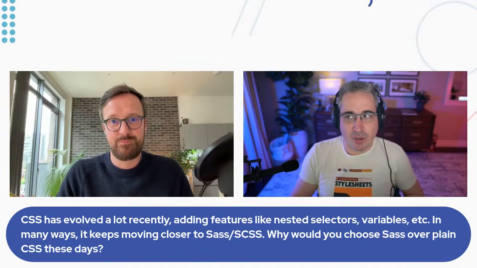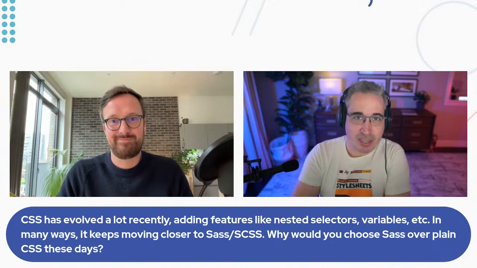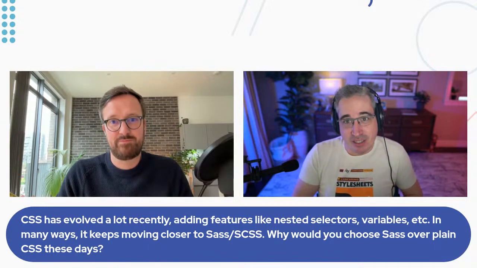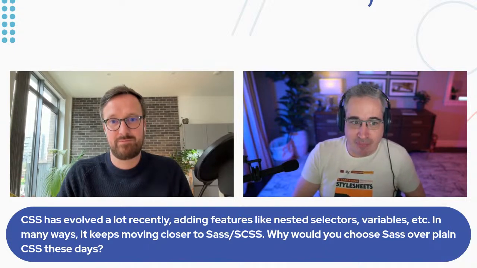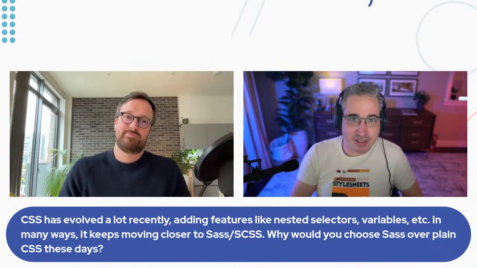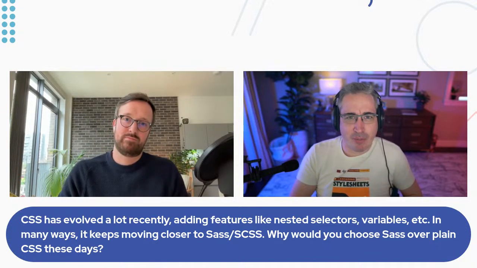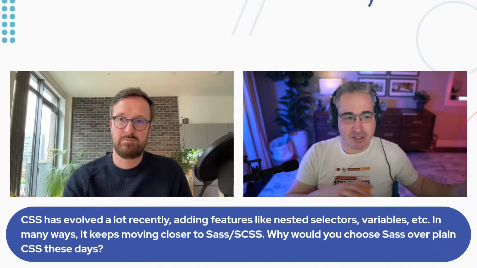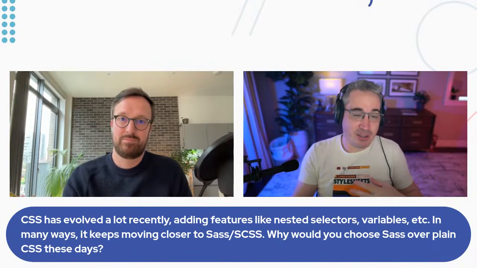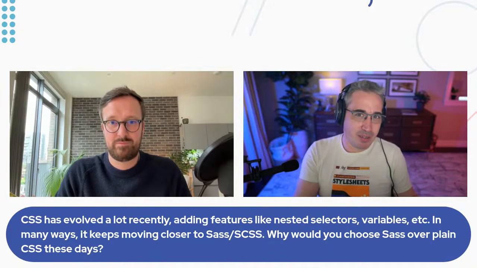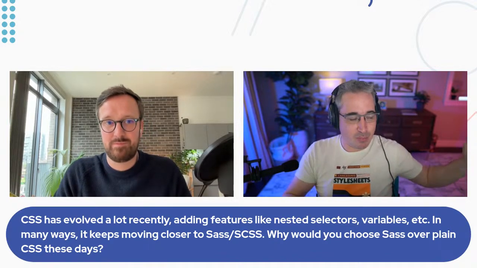Yeah. So once again, it comes down to scale of the project a little bit and what you need. Because 100%, if I just need nesting and variables, nesting and variables are more powerful within vanilla CSS these days, especially variables. That was one of those things where we had variables in the preprocessors and then they're like, oh, we're getting variables in CSS now. That's cool. And then it's like, oh, wait, these are live variables. They're not something that's pre-compiled.